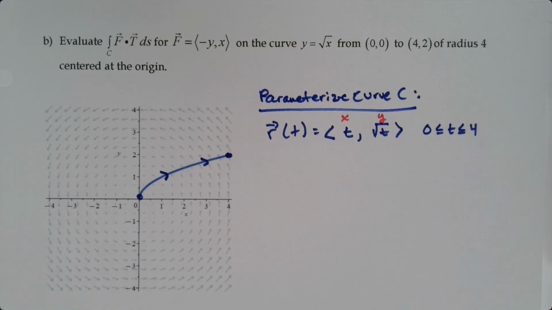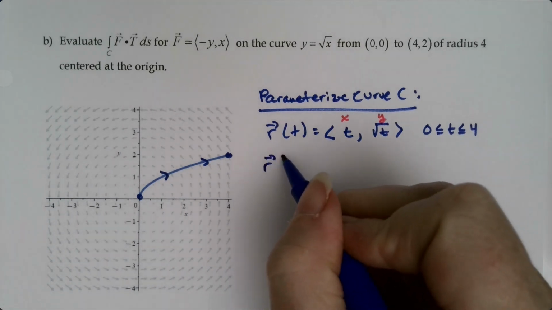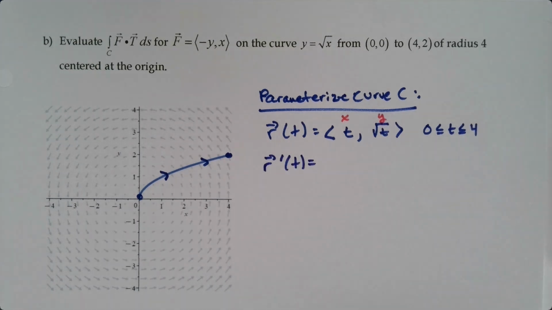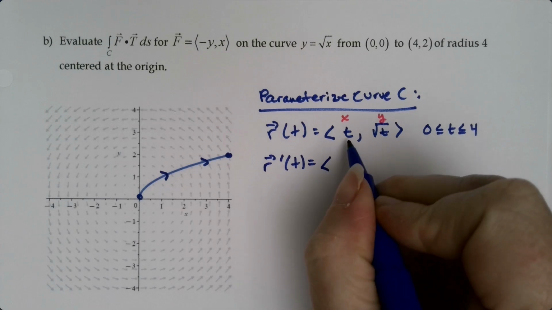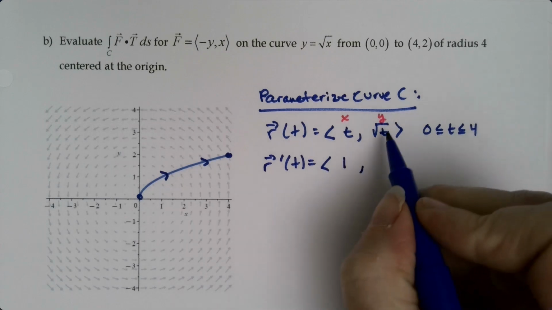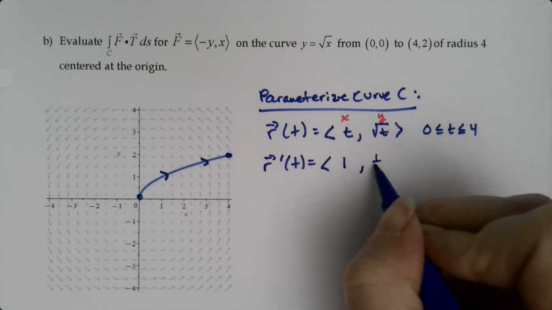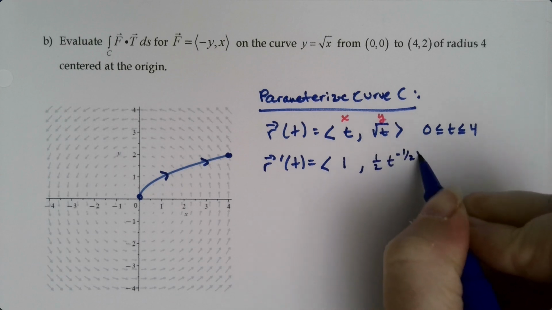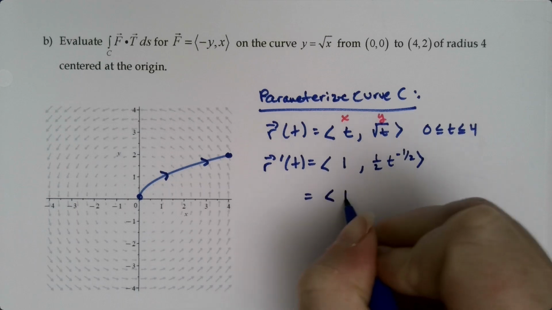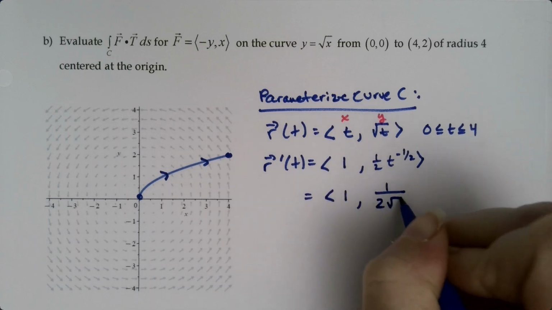All right, so now let's come up with r prime. The derivative of t is 1. This is really t to the half, so that would be 1/2 t to the negative 1/2, or if you like, it's 1 over 2 square root of t.